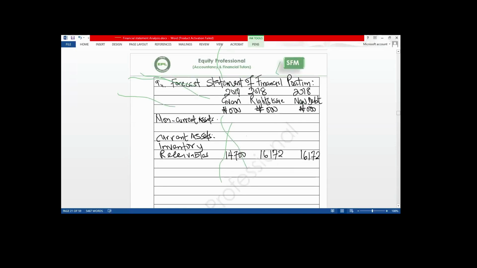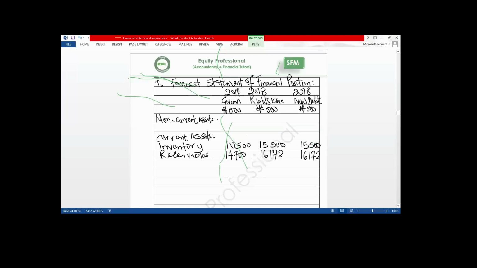That takes us to the balance sheet statement. 10,500 in 2017. This will increase by 5,000. That becomes 15,500.